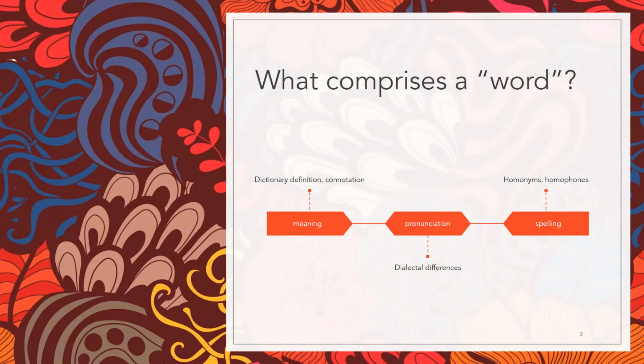Then there's the pronunciation. And of course, there are sometimes very different regional dialects in the United States. There might be some big differences between here in the South, the deep South, versus even other areas of the South like Texas or Georgia, Virginia.